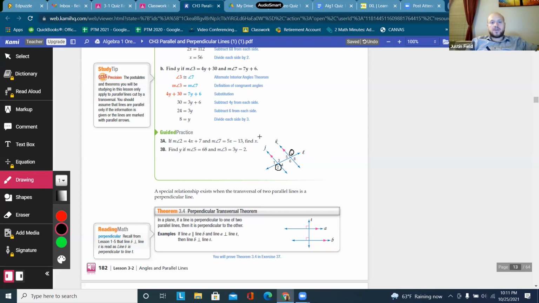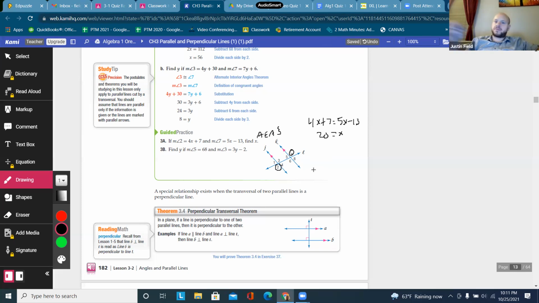Of course, the AEAs. I know that alternate exterior angles are congruent, so we're going to just set them equal, and then solve that. Oh, it's 20. That was easy.